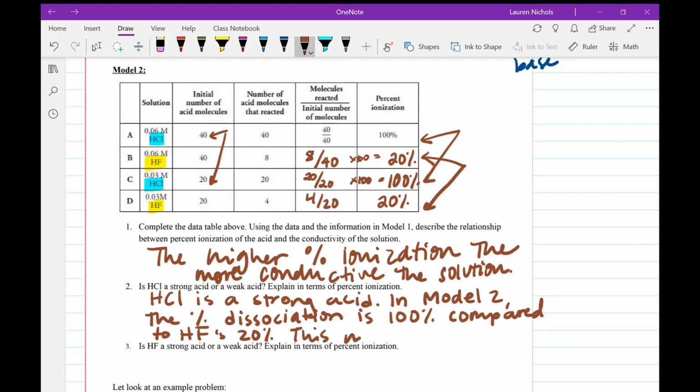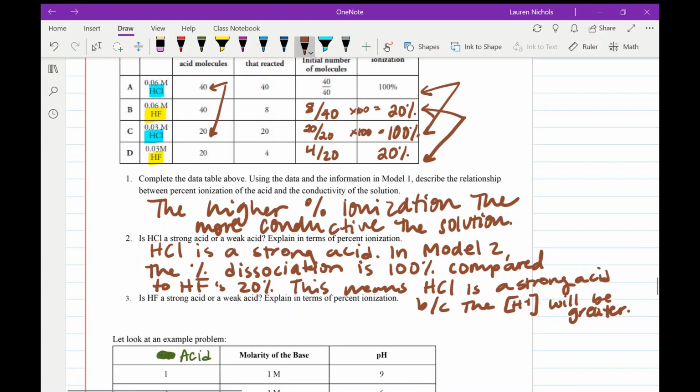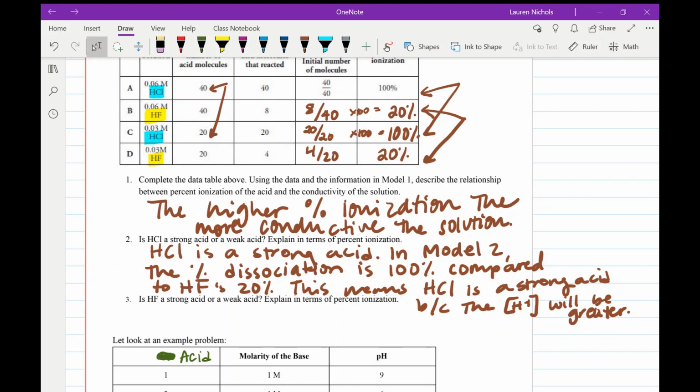This means HCl is a strong acid because the H plus concentration will be greater. So that's a little bit longer than I had space for, and probably a little longer than you needed, but I wanted to take the opportunity to make sure that we understood our claim, evidence, and reasoning, just making sure we're explaining the evidence and what that means.